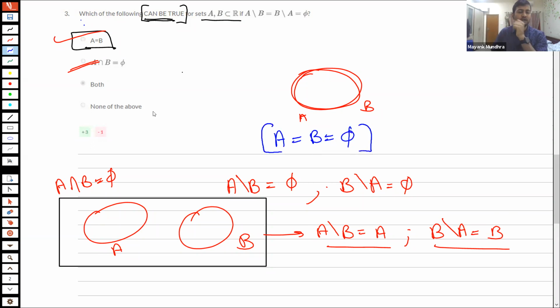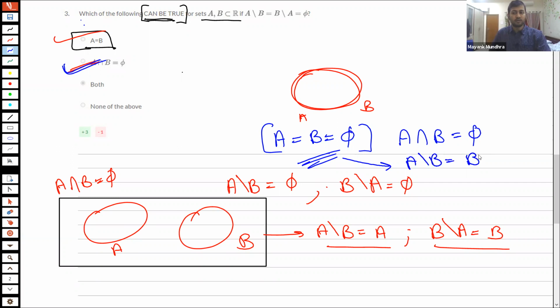This was the catch here, and that's why I will call this the most difficult question in this one, because you have to allow for this possibility. Then A intersection B also becomes the null set, A minus B is equal to the null set, and B minus A is also equal to the null set.